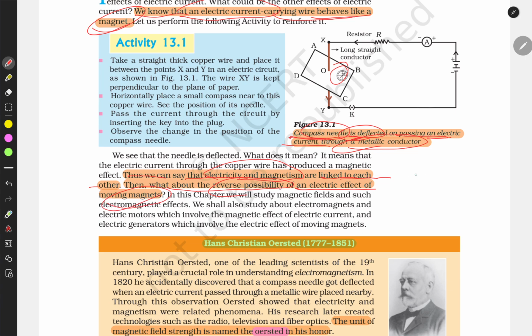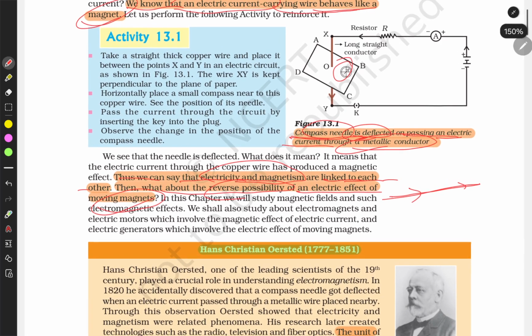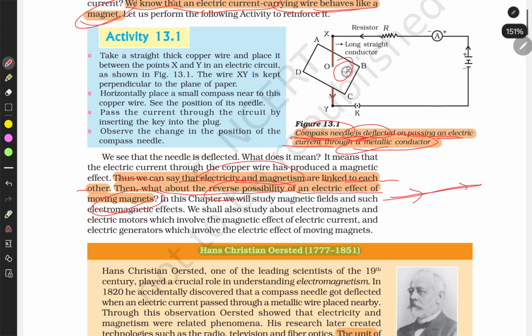So we are saying that when electricity is flowing in a conducting wire, it produces a magnetic effect around it. So let's reverse this. Let's say we have a conductor that doesn't have a flow of electricity, and we put a magnet around it.